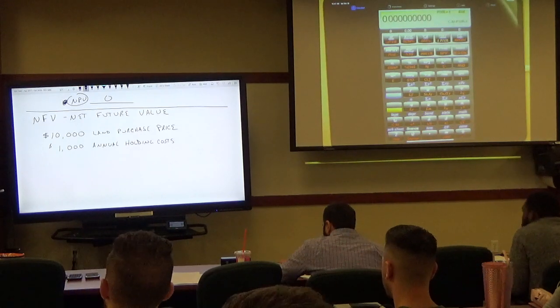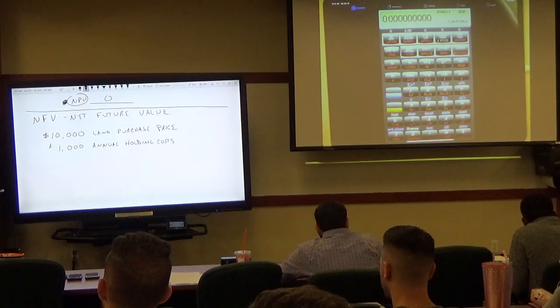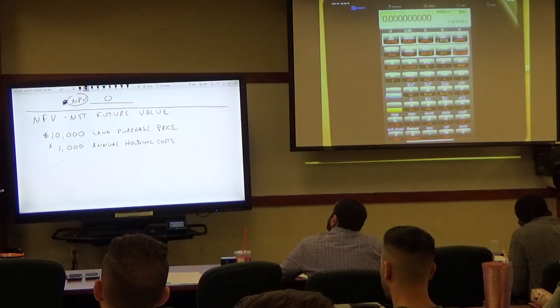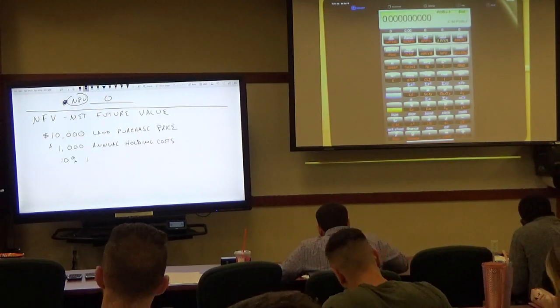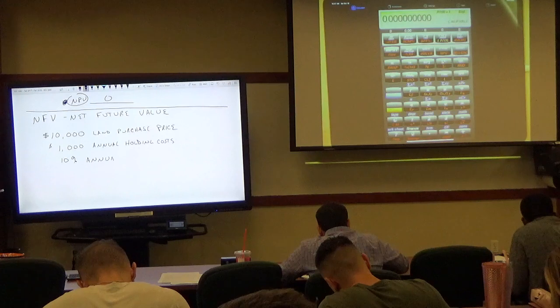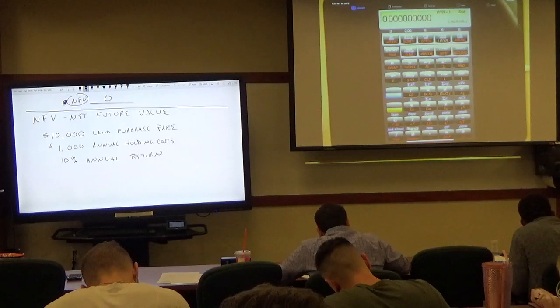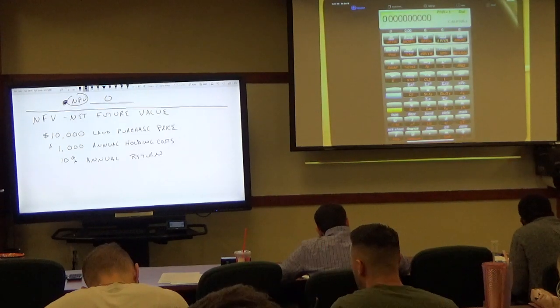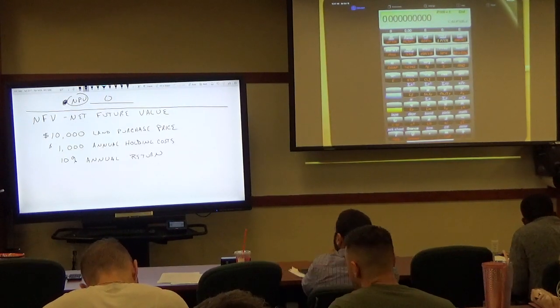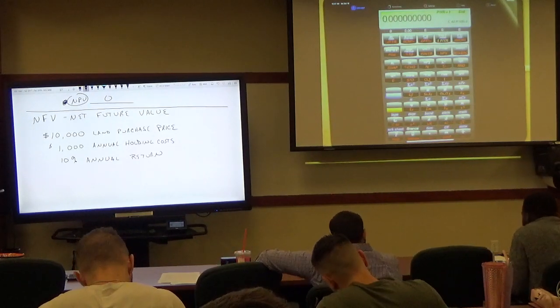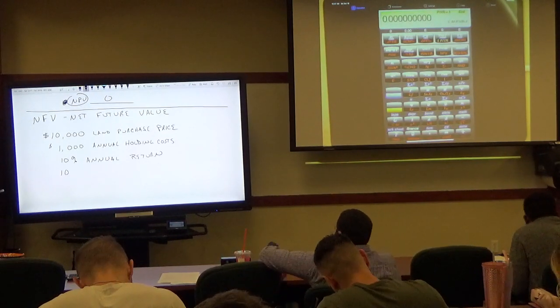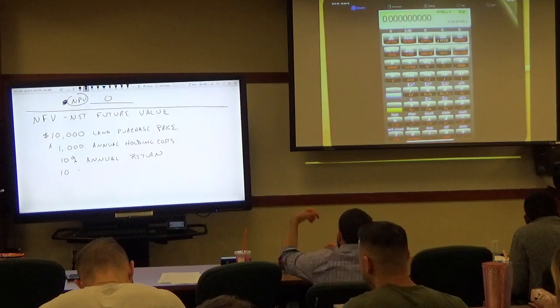So let's say 10% annual return. Okay, 10% annual return. And how many years are we going to hold this thing? Let's say for land, you may hold it for 10 years. So everything is a factor of 10. So 10-year holding period.